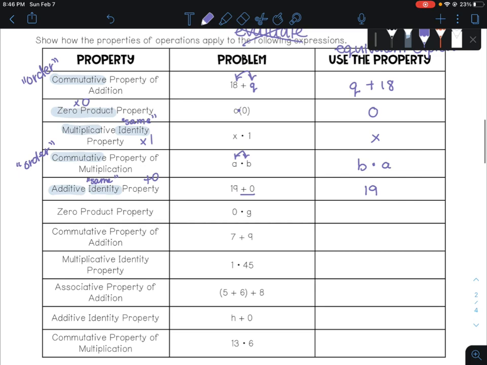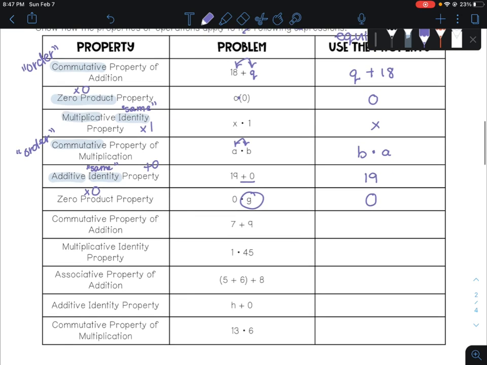Zero product property. Again, that means to multiply by 0. 0 times G. So anything times 0 is 0. So this is still 0, even though this is an unknown variable. Commutative property of addition.